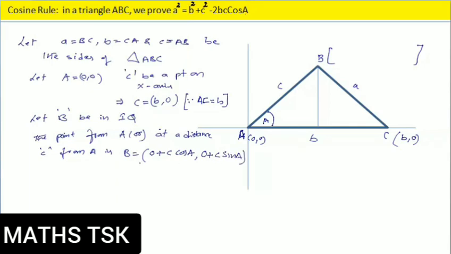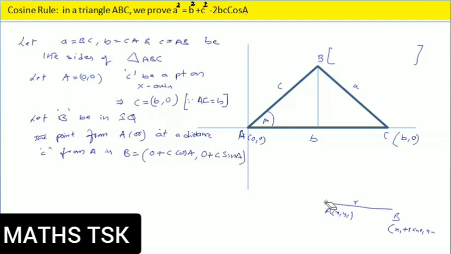Okay, according to geometry, if your point is at a distance of r units from x1, y1, if B is the point at a distance of r units from point x1, y1, then the coordinates of B according to parametric equation is x1 plus r cos theta comma y1 plus r sin theta. If it is in negative direction, x1 minus r cos theta comma y1 minus r sin theta.